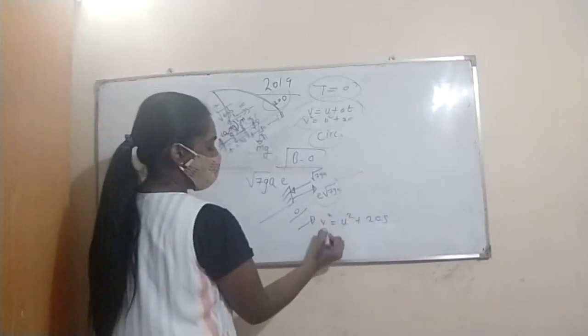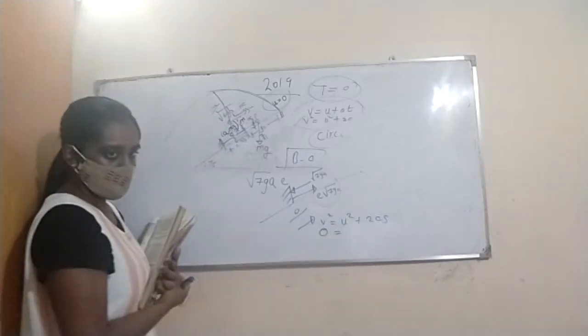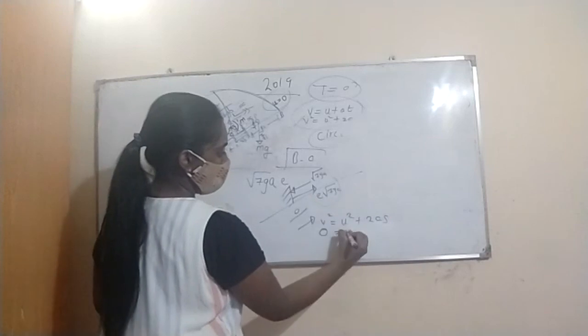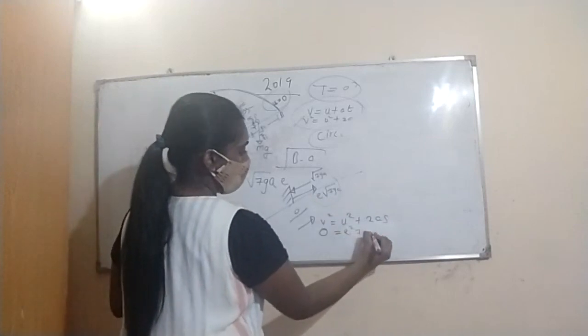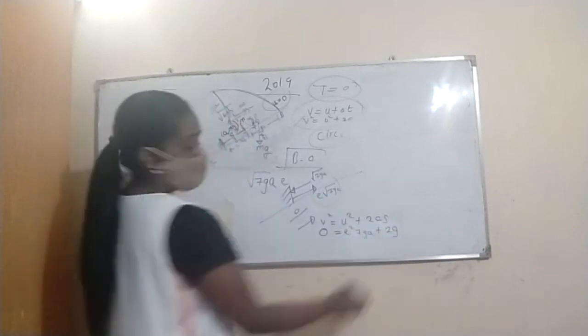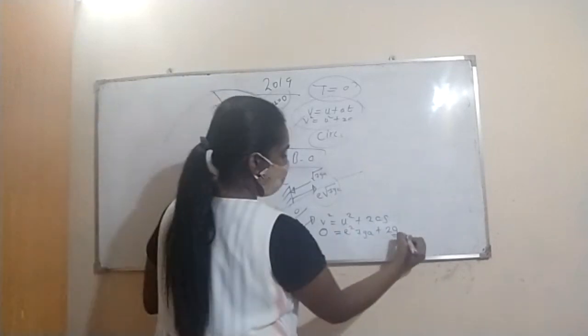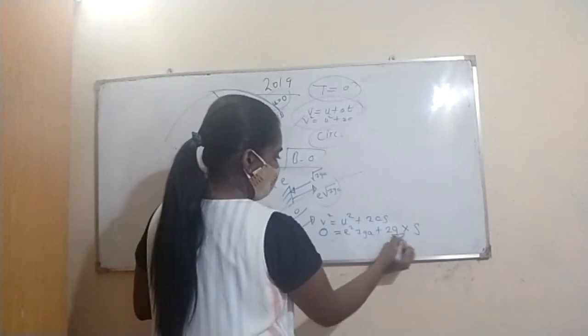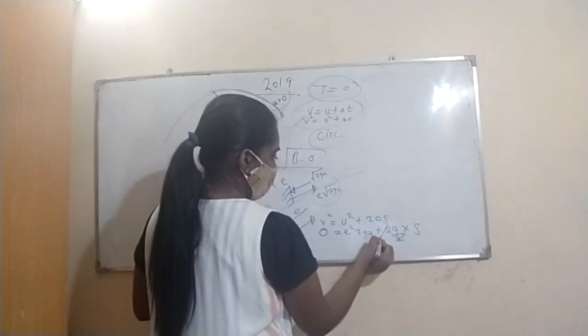What is the distance it will travel when its velocity becomes 0? E squared into 7g, 2 into g cos 60 by 2 into the distance, which is what I want to find. Therefore, the 2 gets cancelled.